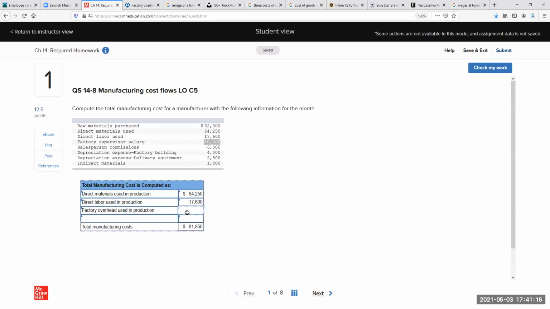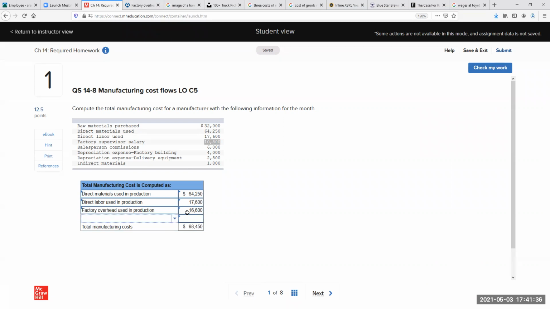So we're going to include the 10,800 there, plus salesperson, no. Depreciation factory, yes. Depreciation delivery, no. Indirect materials, yes. So not everything is going to fit in there.